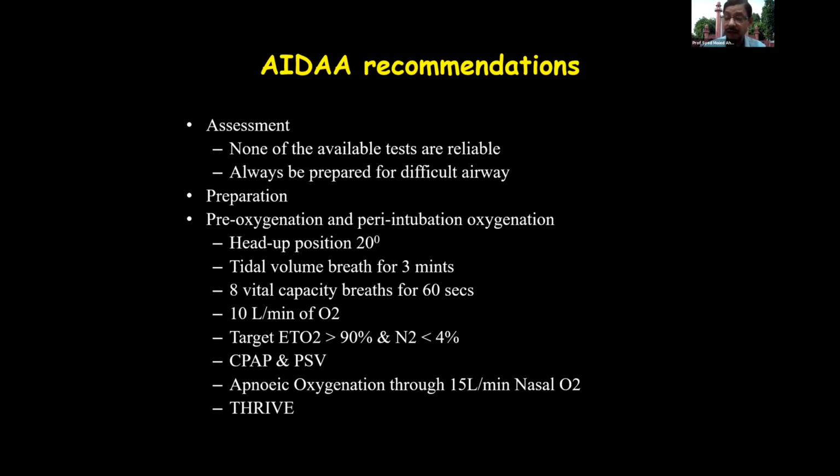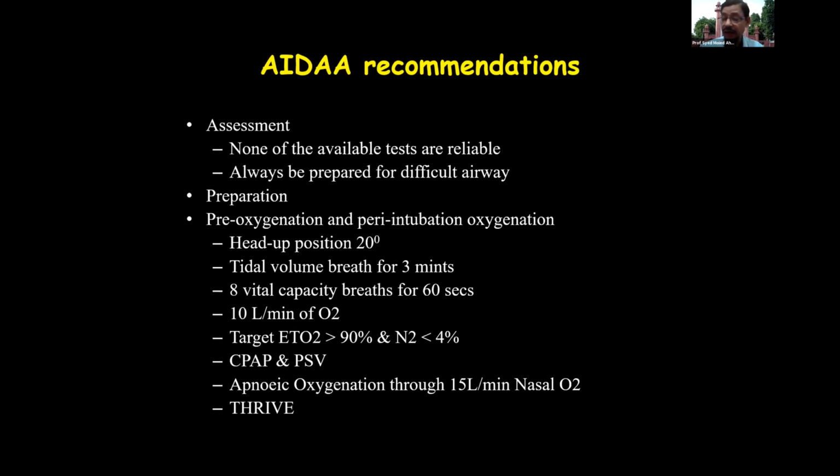But what ISA is recommending is that you have to go on pre-oxygenating this patient. They have highly emphasized pre-oxygenation and peri-intubation oxygenation as well. And there are various methods of how you can pre-oxygenate these patients. Like head-up position of 20 degrees, tidal volume breathing for 3 minutes, 8 vital capacity breaths for 60 seconds, 10 liters of flow of oxygen.